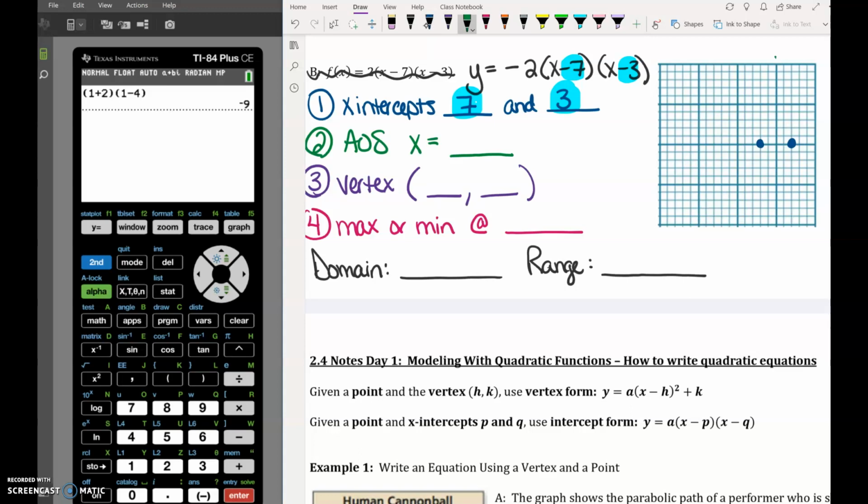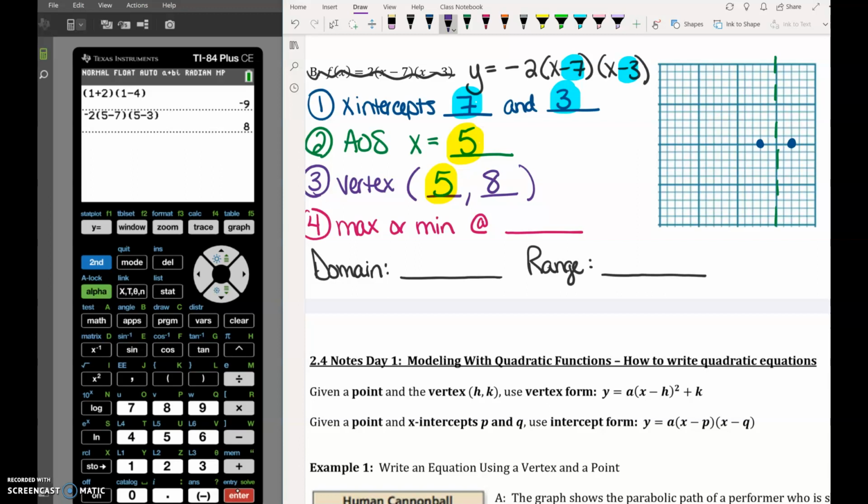Halfway between those would be an x value of 5. So our axis of symmetry is x equals 5, which means the first part of the vertex is 5. Remember that the axis of symmetry is the first part of your vertex. To get the second part of our vertex, we need to plug in 5. So -2 times the quantity 5 minus 7, times the quantity 5 minus 3, is 8.